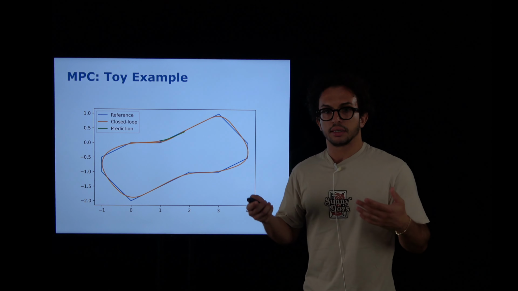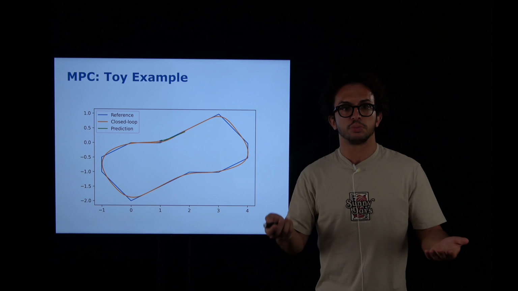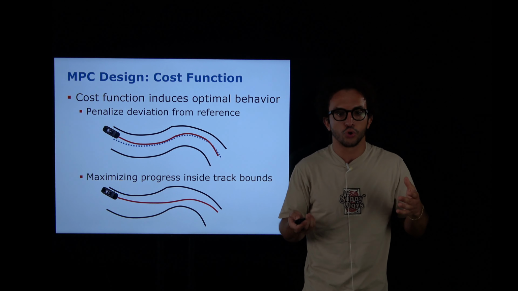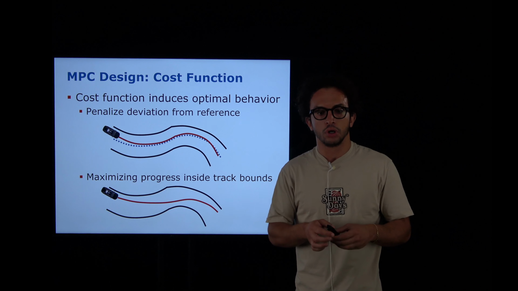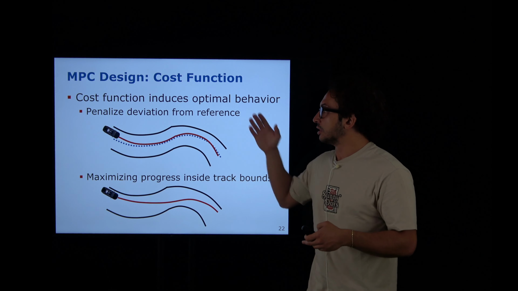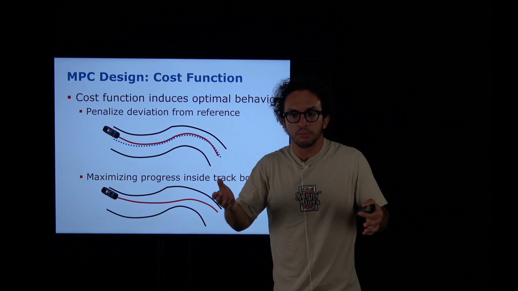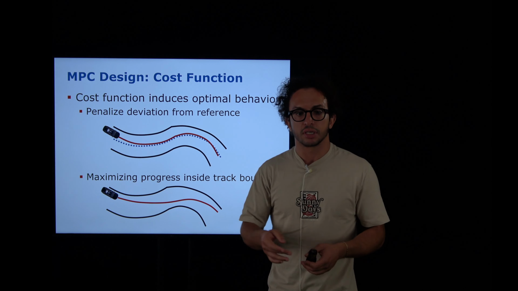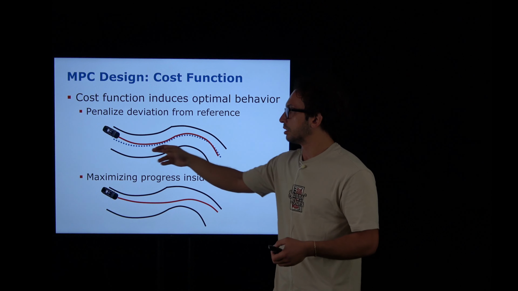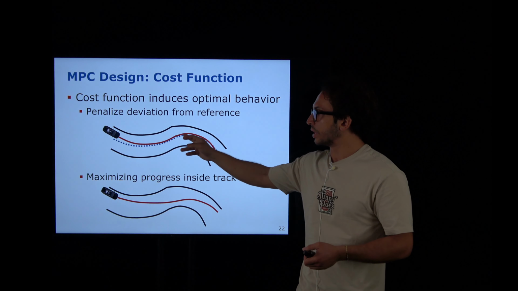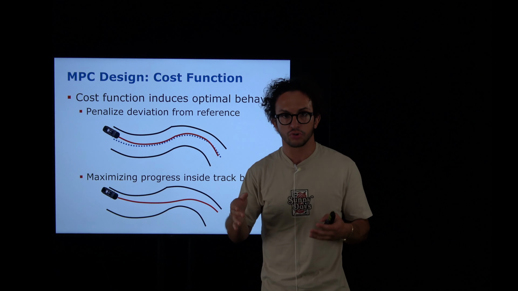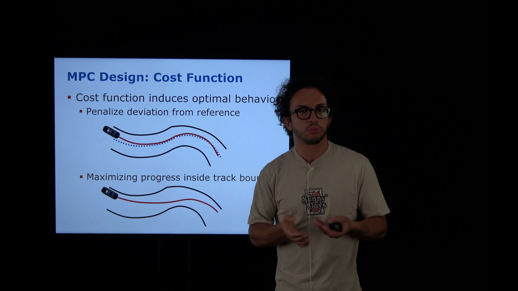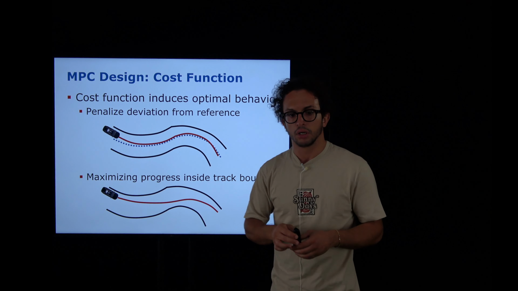How do we design a cost function though? Because this seems to be the most important thing. Well, the cost function really depends on whatever you want, whatever you need, and it induces your optimal behavior. So whatever optimality means for you, that can be your cost function. For example, it can be deviation from a reference. We have a certain reference, a certain trajectory, we want to follow it. This is trajectory tracking.